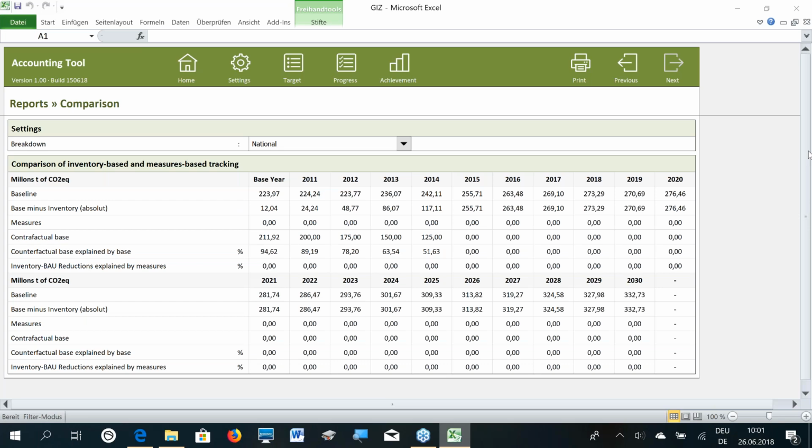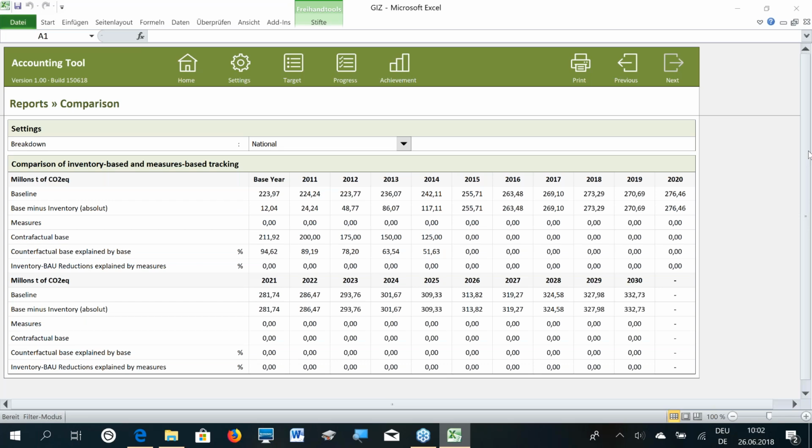However, we found that there might be many cases where you have subnational targets, or some major NAMAs, which was the case for Costa Rica, for example, where there are only a few NAMAs, but in comparison to the national emissions they are huge and important, and there it might be interesting to have tracking on the basis of these NAMAs.